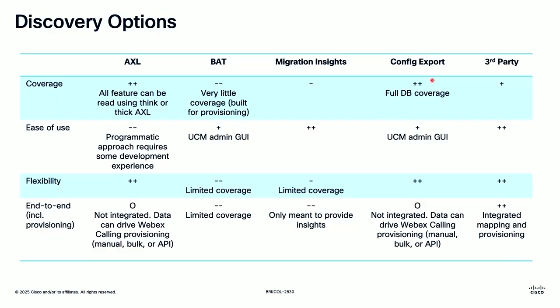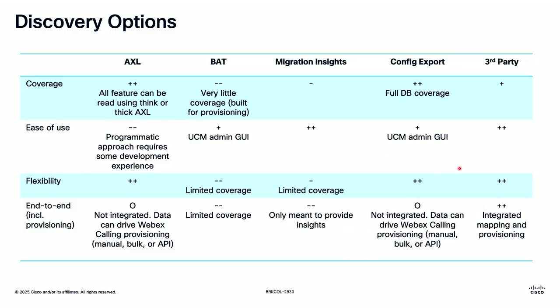Technically, you could use the config export, that tar file, uncompress it, and look at the CSV files manually. Technically, that's possible. In reality, it can be really painful because some of these CSVs are really hard to analyze. And then there are third-party tools.